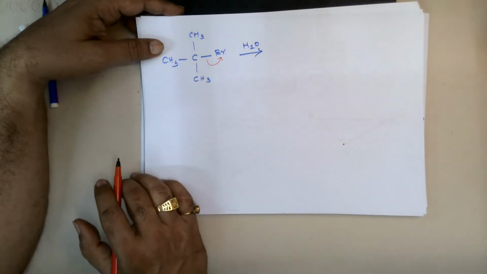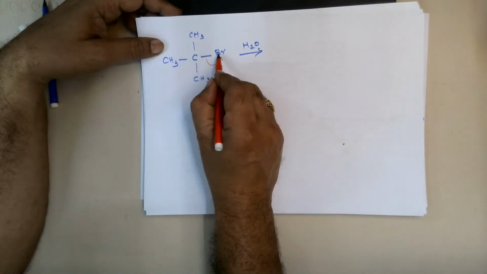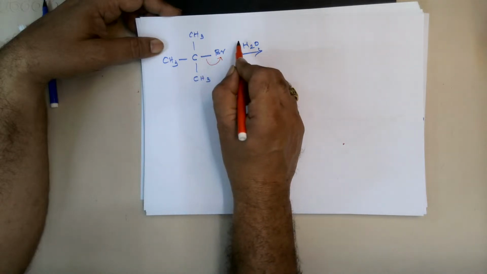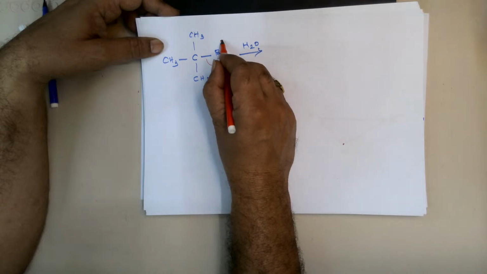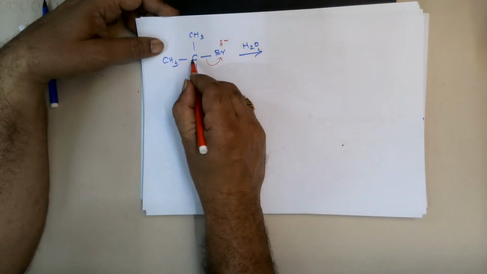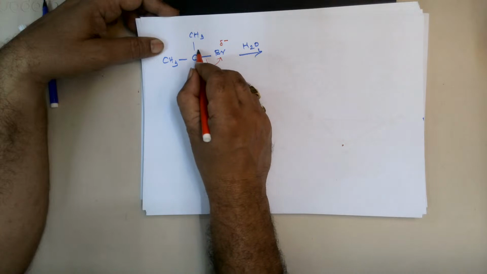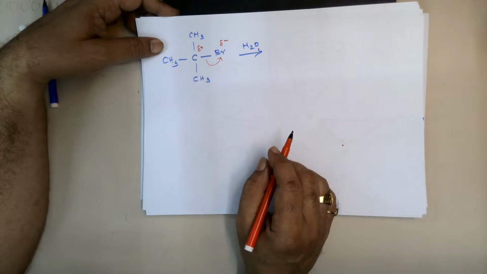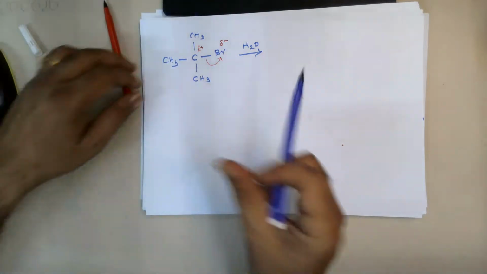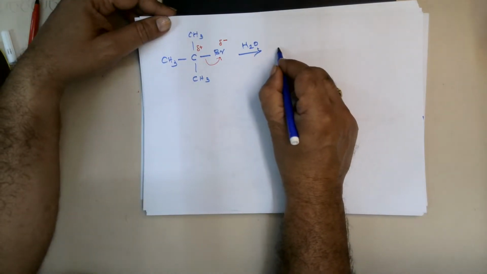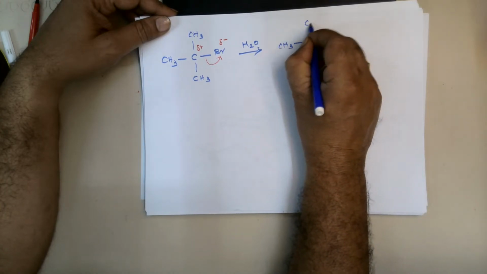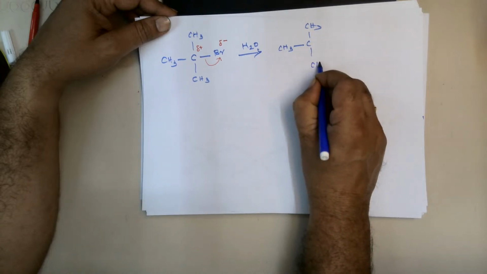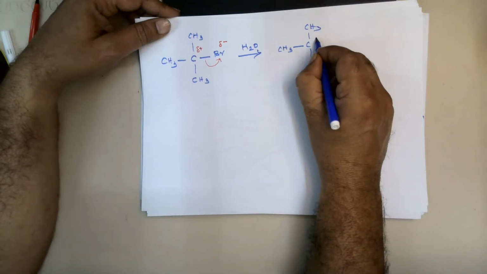So the bond between C and Br is shifted towards bromine, and that is why the bromine attains a partial negative charge, and carbon in this alkyl group loses an electron, so it is represented by delta plus. So this results in a carbonium ion, that is (CH3)3C plus.